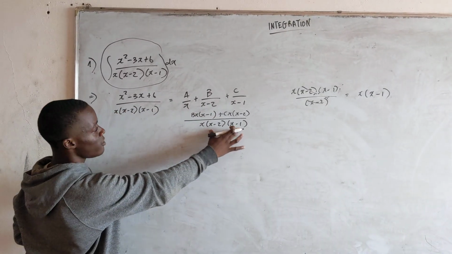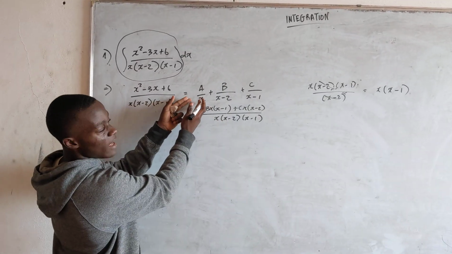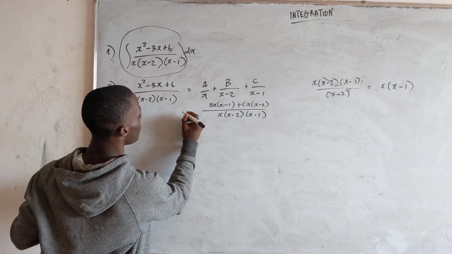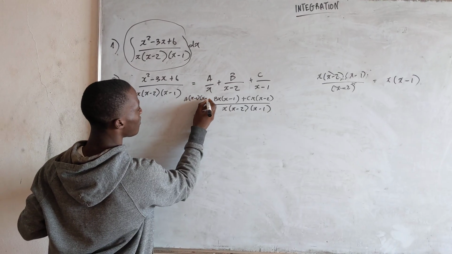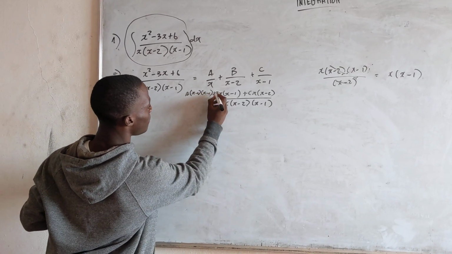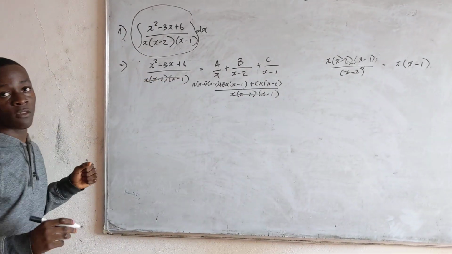This other part divided by x. We know that x will cancel with x, so we are just going to be left with a into (x minus 2) into (x minus 1). Don't forget the plus. Okay, this and this will cancel.